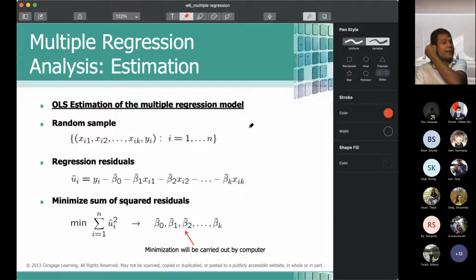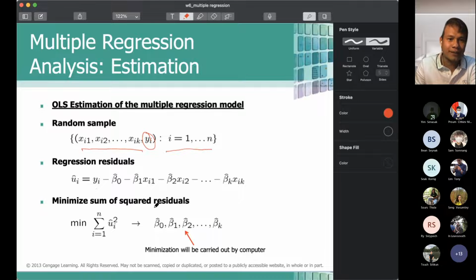Next, the same as usual, it is similar to the simple linear regression. When we want to estimate, the data is from a random sample, so now we have multiple x. We have x1, x2 until xk, and only one dependent variable, and we have n observations.